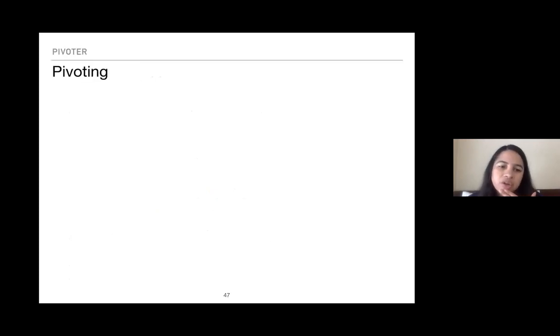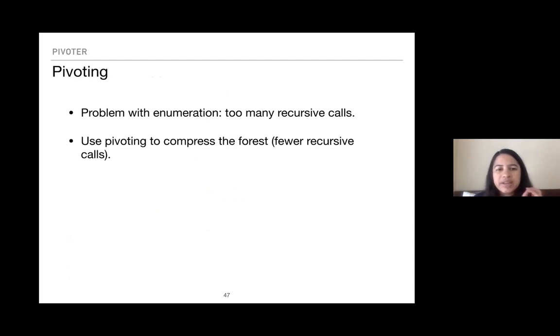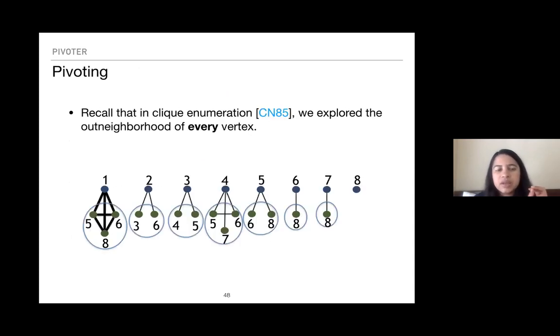We use an idea called pivoting. The problem with enumeration was that there were simply too many recursive calls. We use the idea of pivoting to compress this forest. We want to make fewer recursive calls, but at the same time, we want to keep track of how much we have compressed so that we can account for every clique exactly once. So what does pivoting do?